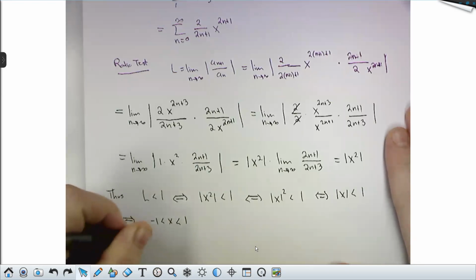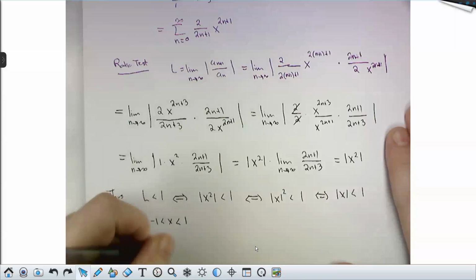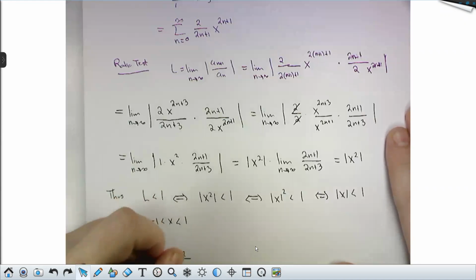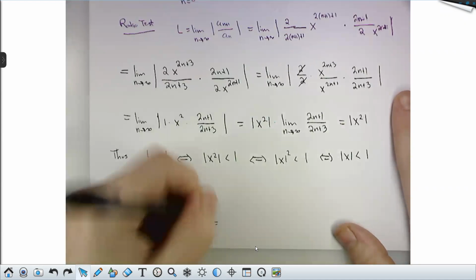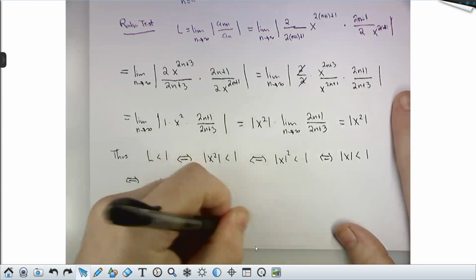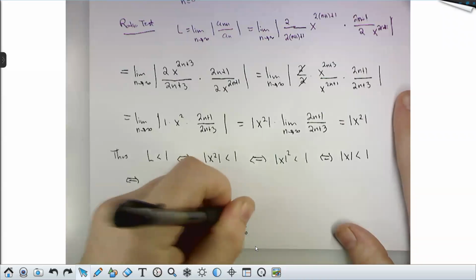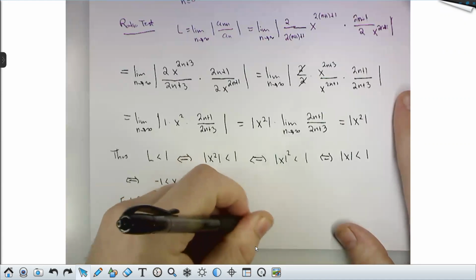When x is equal to 1, my series becomes sigma n from 0 to infinity 2 over 2n plus 1 times 1 to the 2n plus 1, which is 2 times sigma n from 0 to infinity 1 over 2n plus 1.